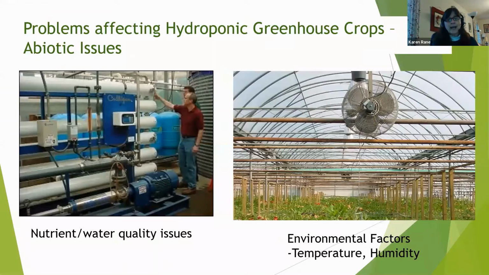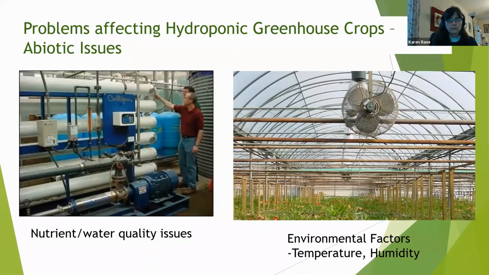We can kind of group the factors that cause problems in hydroponics or any kind of controlled environment agriculture into a couple of different broad categories. And the first category are the abiotic or the non-living issues that can affect plant growth. These are things like nutrient availability, fertilizers, rates, and so forth, and water quality issues.